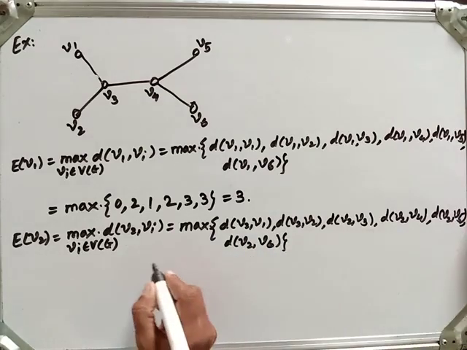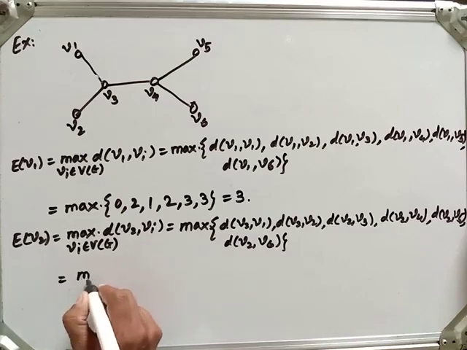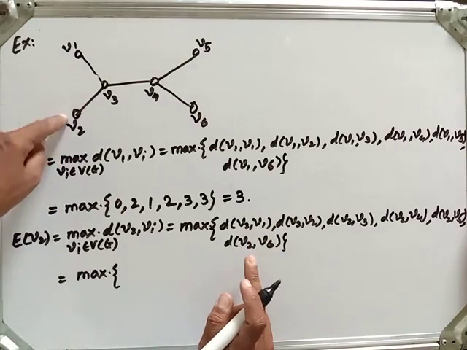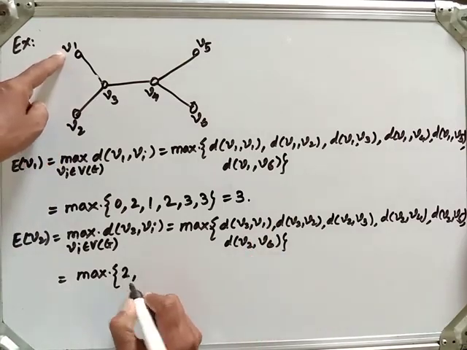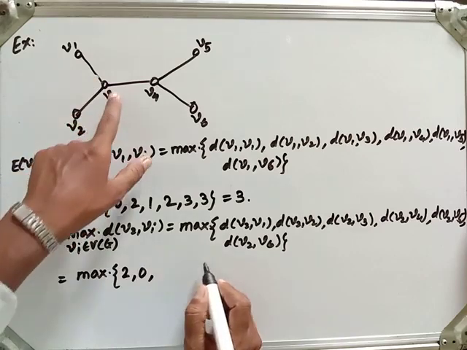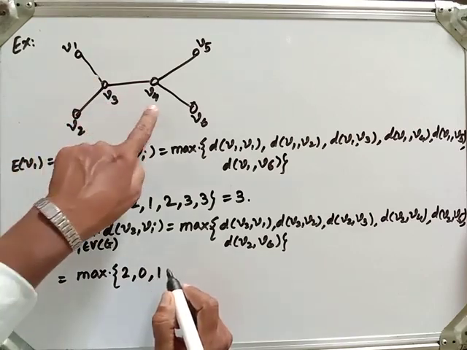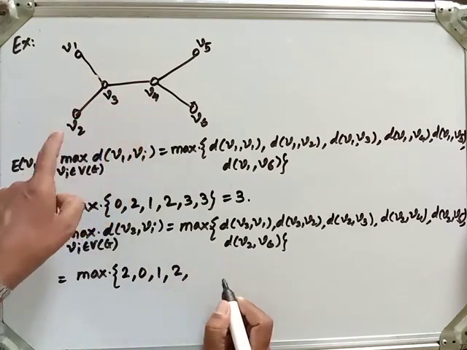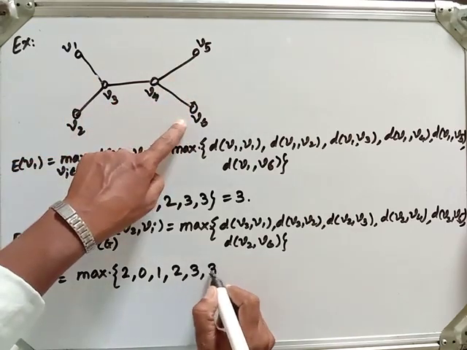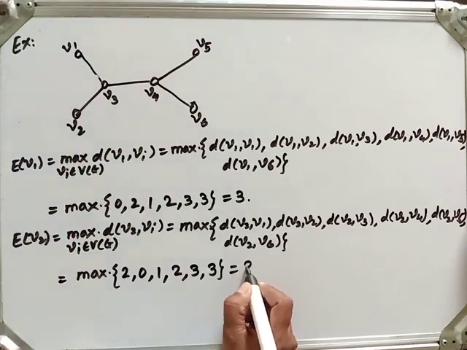V2 to V1 distance is 2. V2 to V2 is 0. V2 to V3 is 1. V2 to V4 is 2. V2 to V5 is 3. V2 to V6 is again 3. So the maximum is 3, and the eccentricity of V2 is 3.